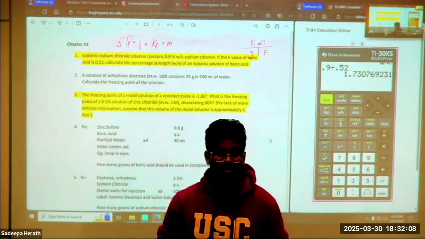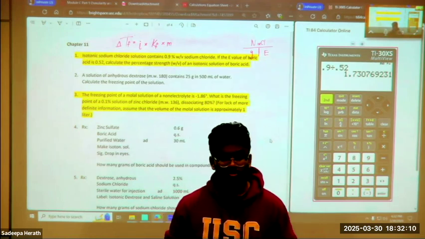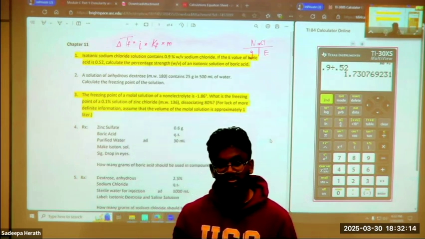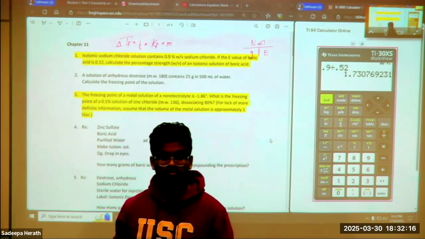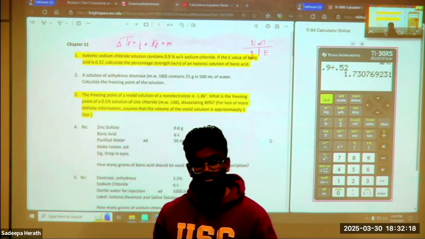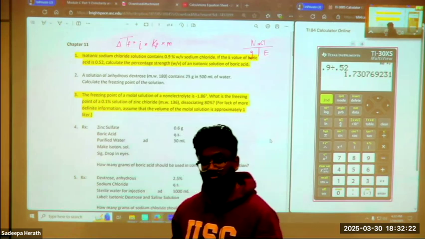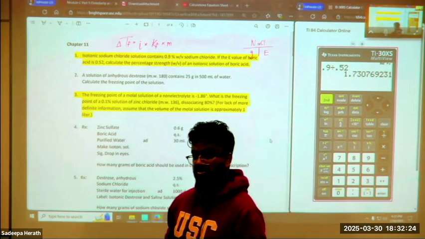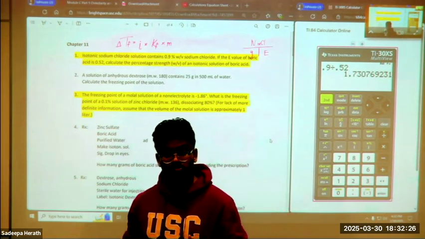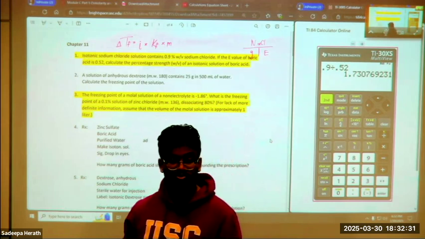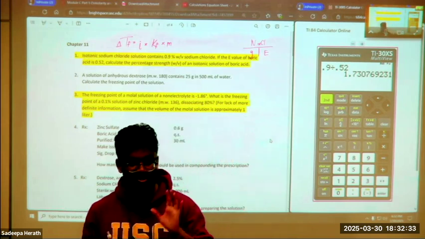So for NaCl, for example, if 100% of the NaCl put into water dissociates, then there are 2 parts: 1 part sodium, 1 part chloride. That's what the I factor is.